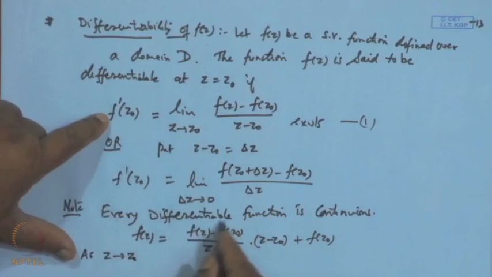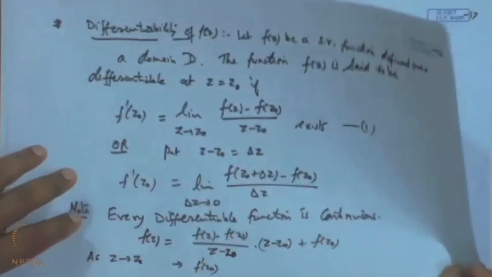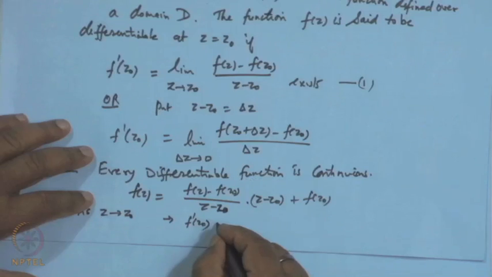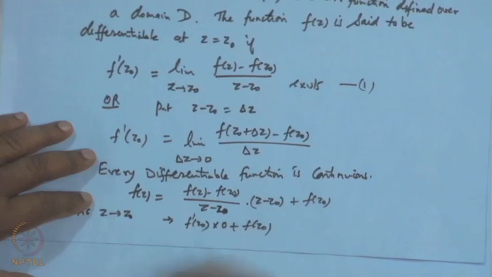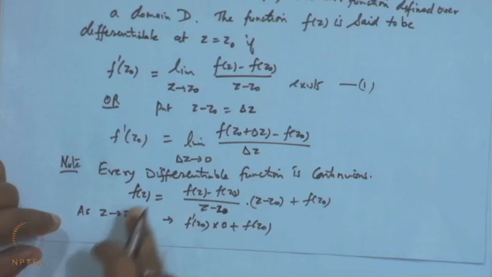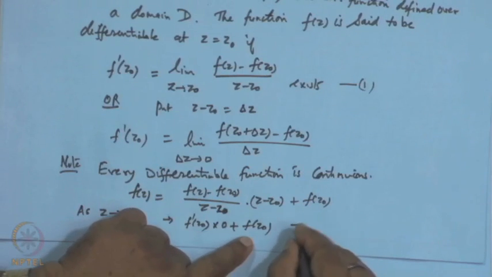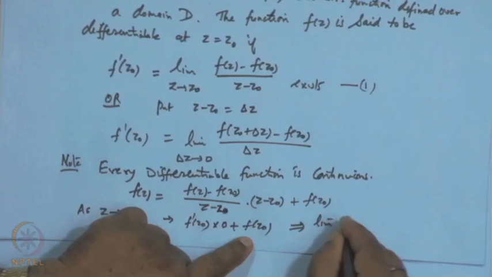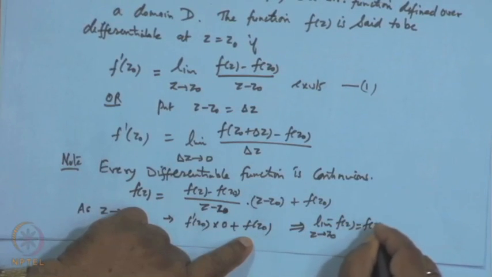So the limit of this ratio, [f(z) minus f(z naught)] over [z minus z naught], will come out to be f prime of z naught, which exists, and this will give 0, then plus f(z naught). So what you get? The limit of f(z) when z tends to z naught is f(z naught).